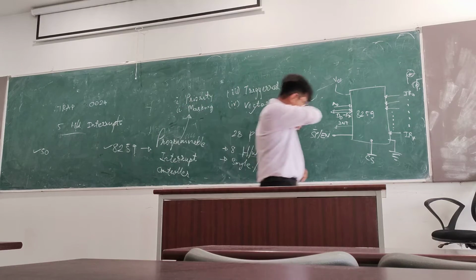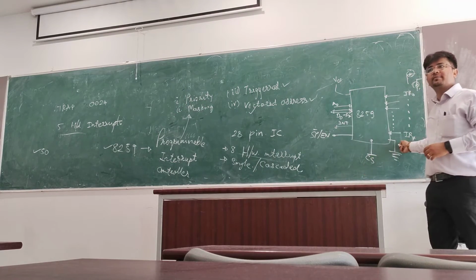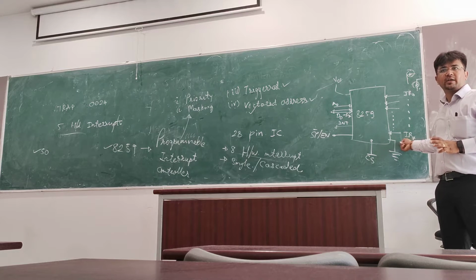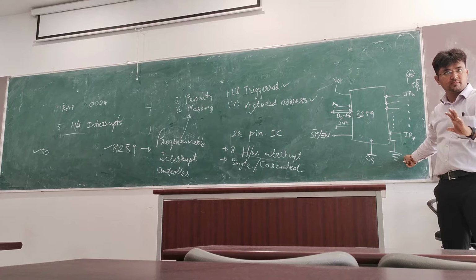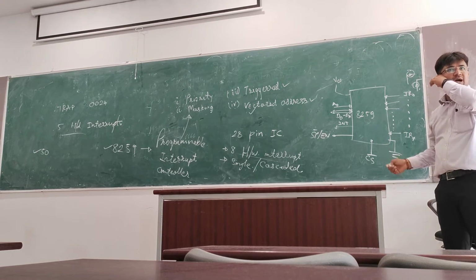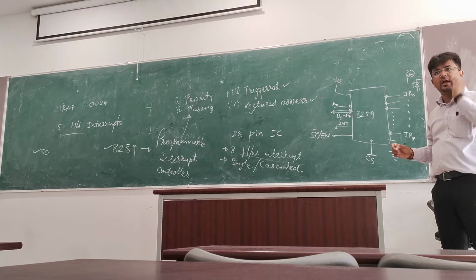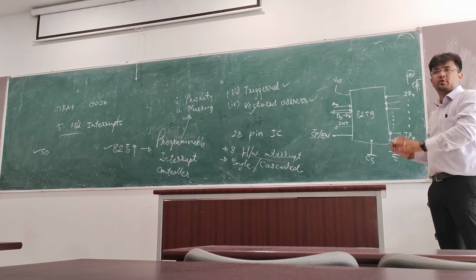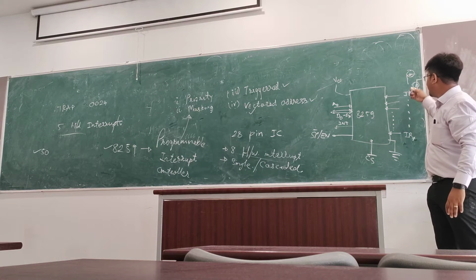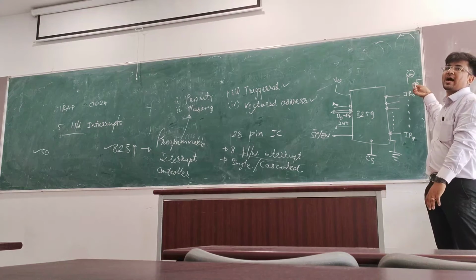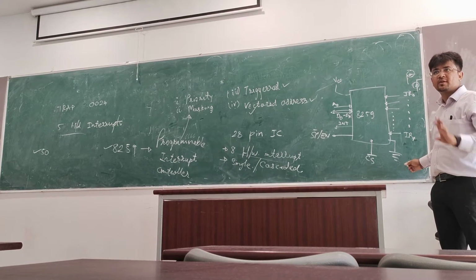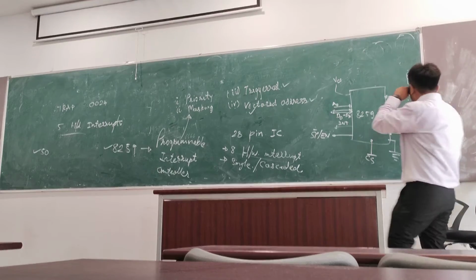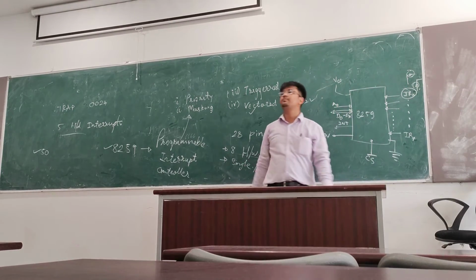Now, the default priority would be IR0 the highest, IR7 the lowest. If you do not program the interrupt as per your priority, it will have IR0 as the highest priority and IR7 as the lowest priority. Consider there is an interrupt IR0.